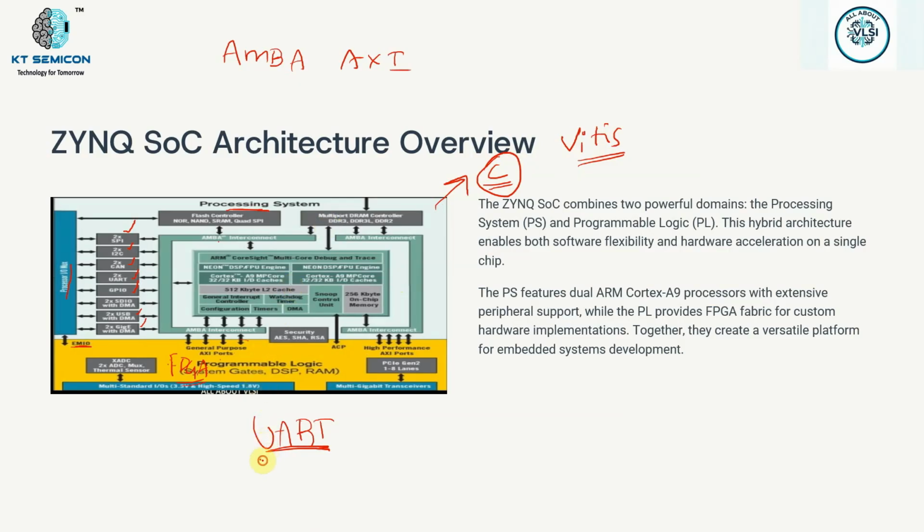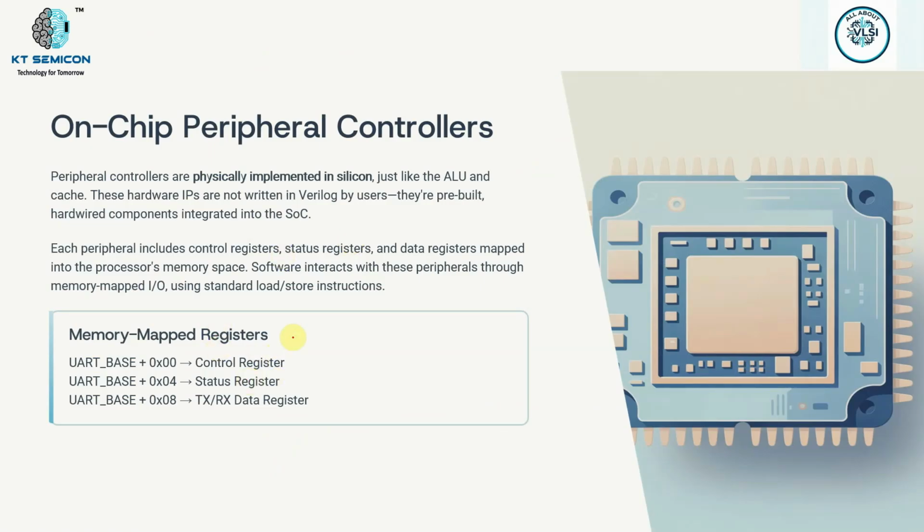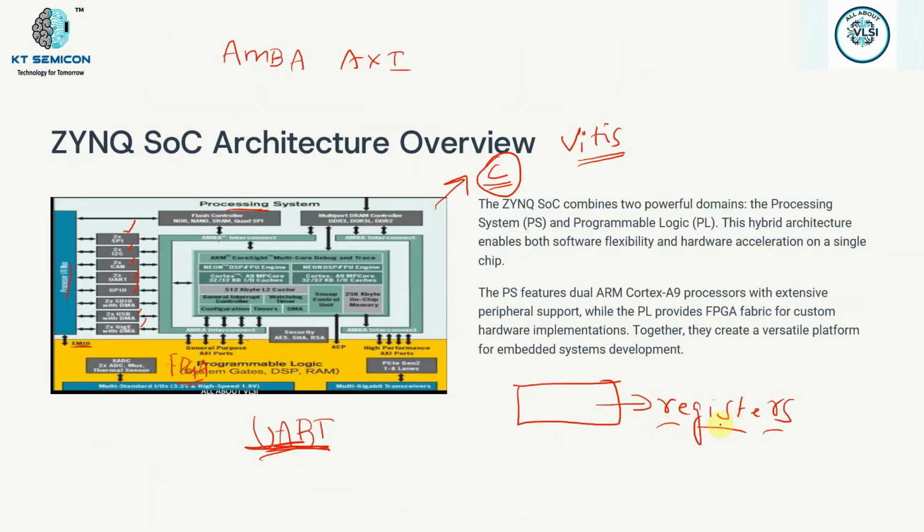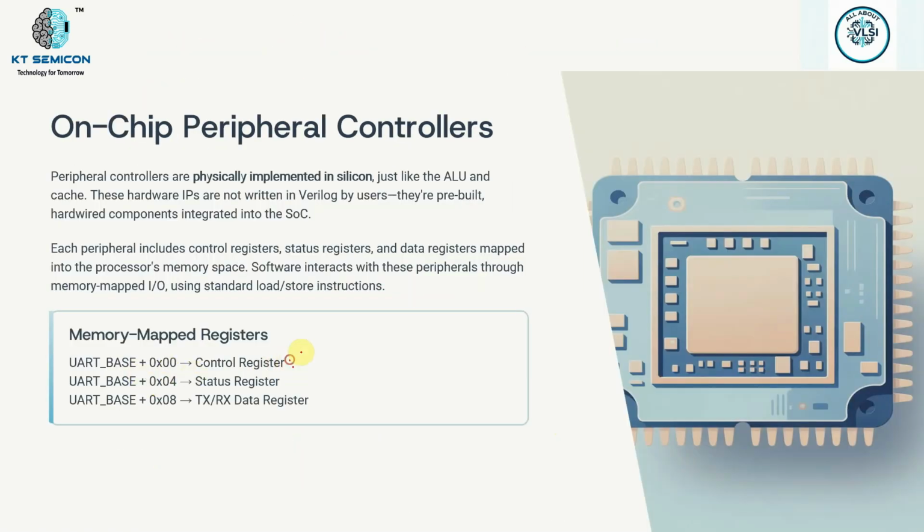Now, if I want to communicate with this UART IP, this IP is going to have a set of registers, like a control register, status register, and data register. If someone has worked on this, they might be familiar with it, but no issue. If you want to access any particular register, you need to provide that particular address, and then only you can access it.